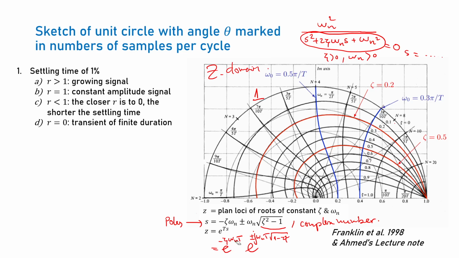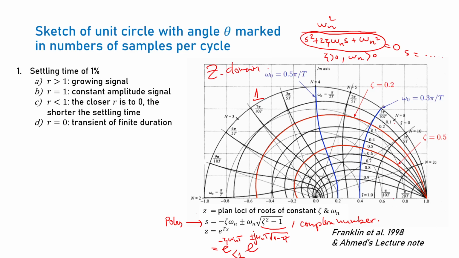Why? Because zeta is positive, omega n is positive, t is positive. Then e is greater than 1 and it has a negative exponent, right? So this term is always less than 1. That's why everything maps from the S domain to the Z domain within the unit circle.